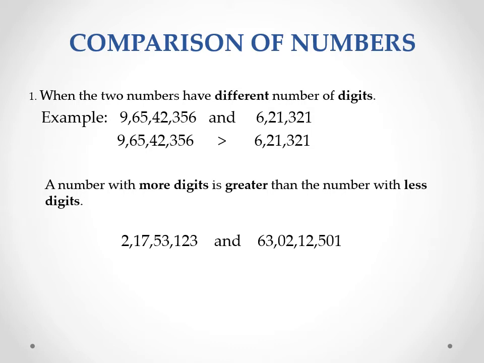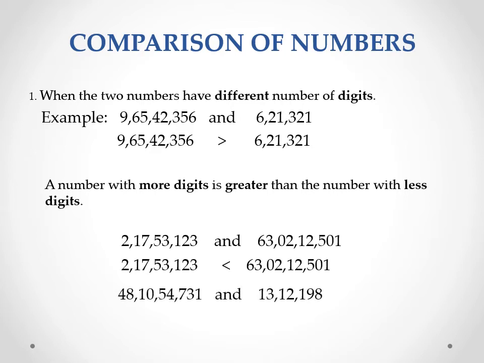So the first number has 8 digits and the second number has 9 digits. Therefore, 2,17,53,123 is lesser than 63 crore 2,12,501.